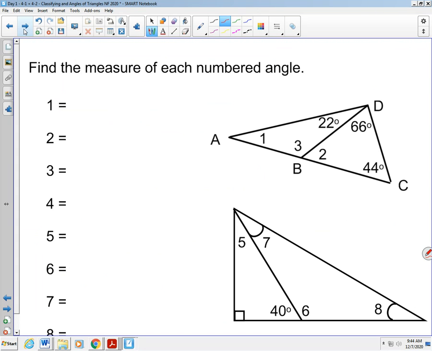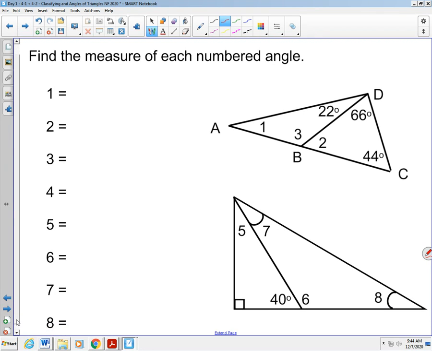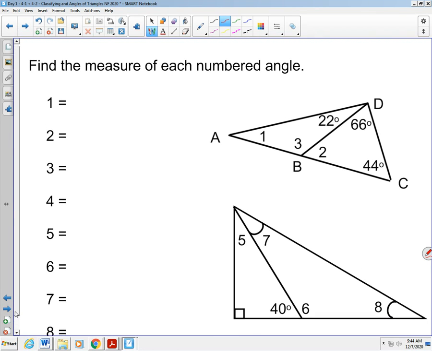Okay, and let's just do this activity and we'll continue in the classroom. So find the measure of each numbered angle. You don't have to go in order, angle 1, angle 2, angle 3, angle 4, 5, 6, 7. Okay, but you can just look at this picture. So if you look at this triangle, okay, 66, 44, I can find angle 2 easily.